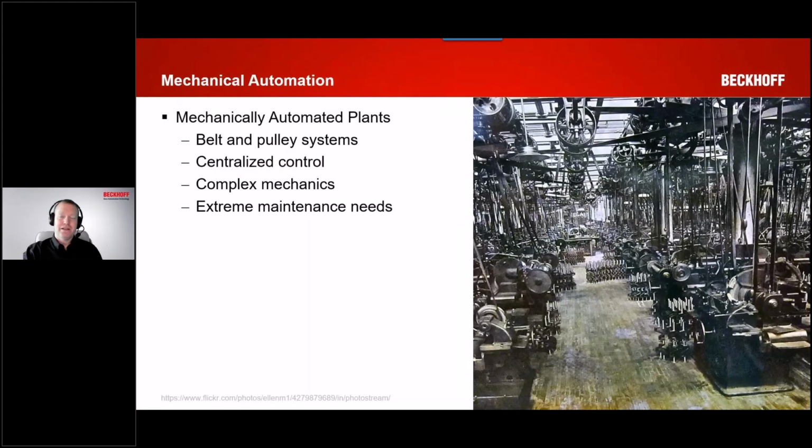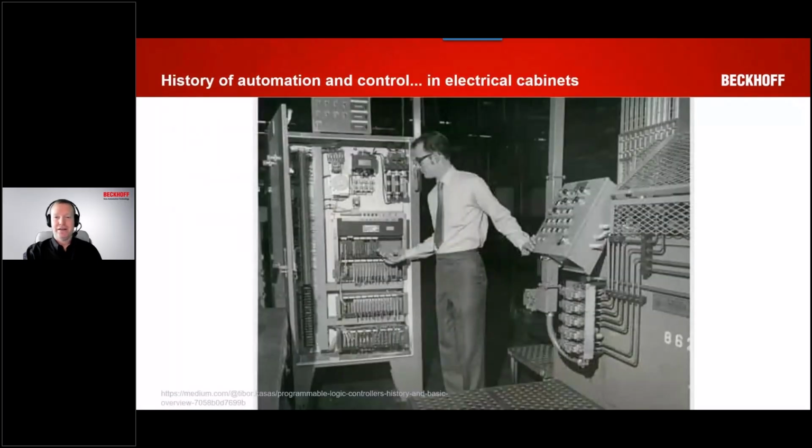So the complexities of that centralized control, there had to be a better way, and there was, right? So we made some changes over the years, and we moved into the electrical age, right? Being able to control things from the electrical standpoint. This is a nice, older picture of one of the first PLC controls.